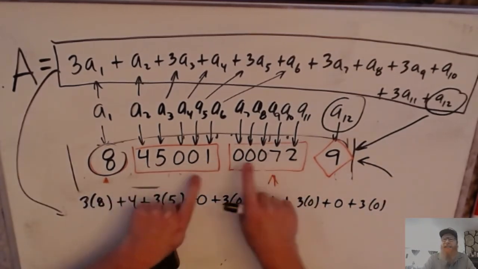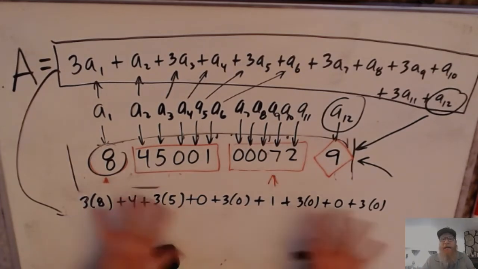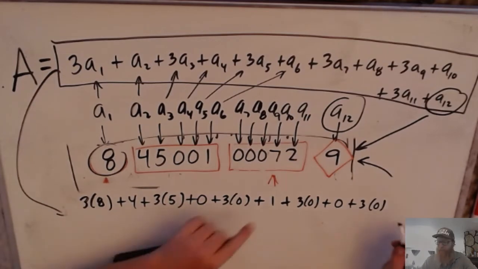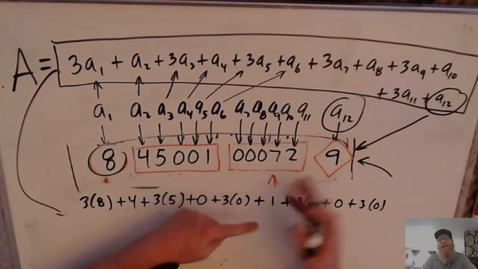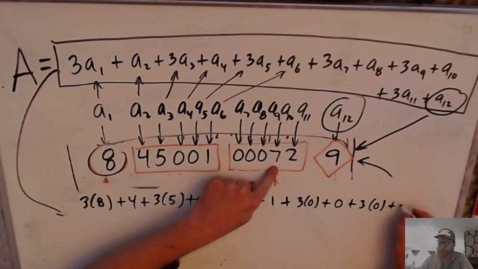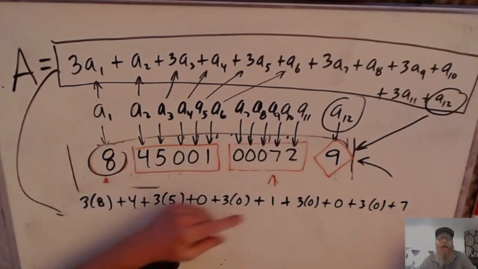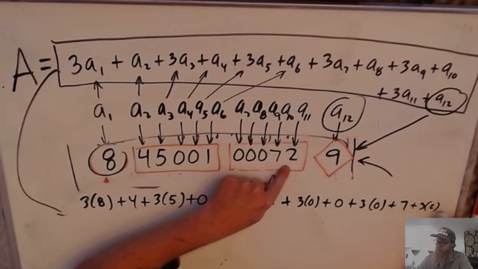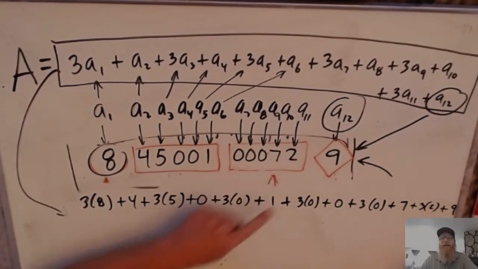I tried to skip the zeros when I did this on my own, and I kept screwing it up. So put the zeros in, and then you can omit them after you've written them all down. If you try to skip them, you'll get off count. It happened to me several times, and I thought, what am I doing wrong? And then plus 7 plus 3 times 2 plus 9.